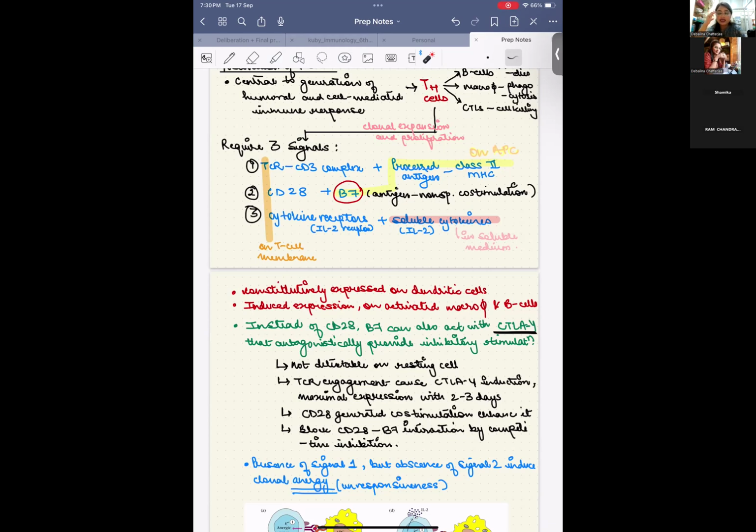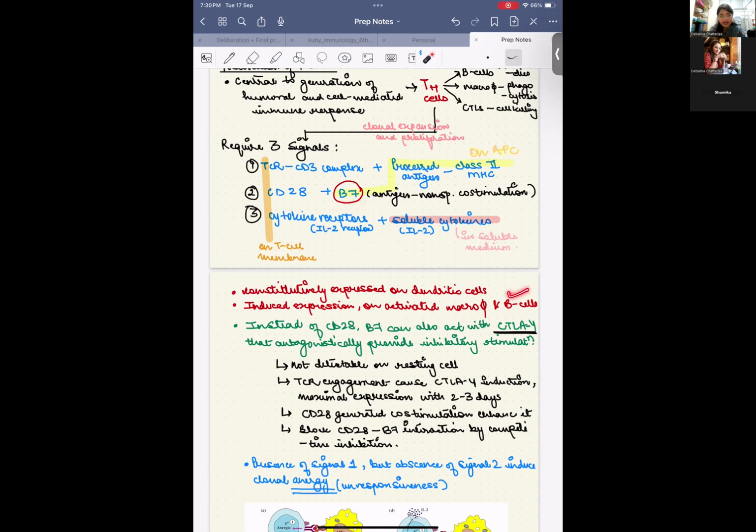If an antigen gets presented on the limited number of class 2 MHC molecules on the surface of macrophages and B cells, and this antigen-MHC gets a chance to be recognized by the T helper cells, so the TCR CD3 complex comes and binds to this antigen presented with the MHC2 molecule, eventually that interaction is going to stimulate the macrophages and B cells to increase the number of class 2 MHC molecules and also increase the number of B7 molecules.